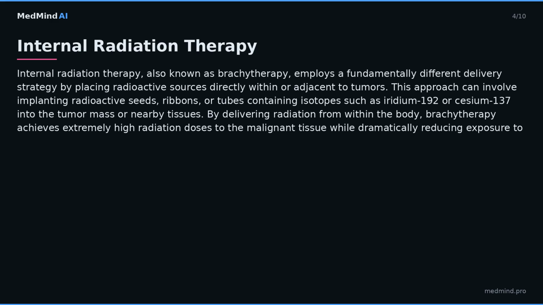The proximity of the radiation source to cancer cells makes this technique particularly valuable for treating localized tumors such as cervical, prostate, and head and neck cancers. Treatment duration varies depending on the specific technique employed, ranging from temporary placement of sources for hours to permanent implantation of radioactive seeds that decay over time.